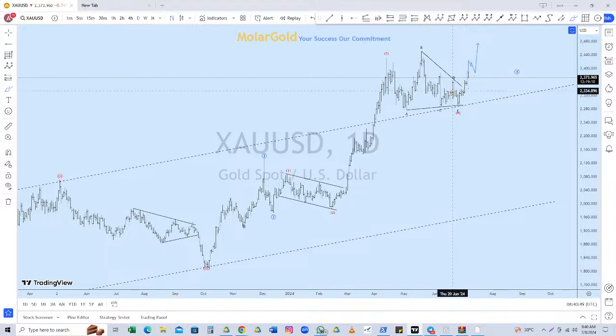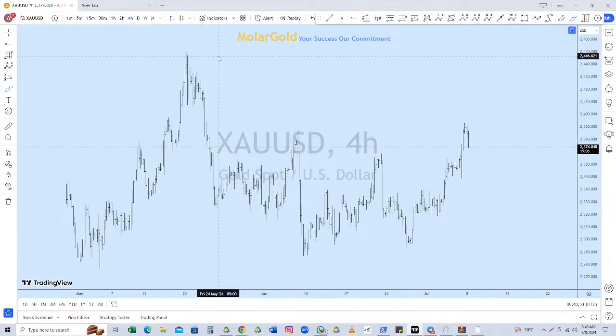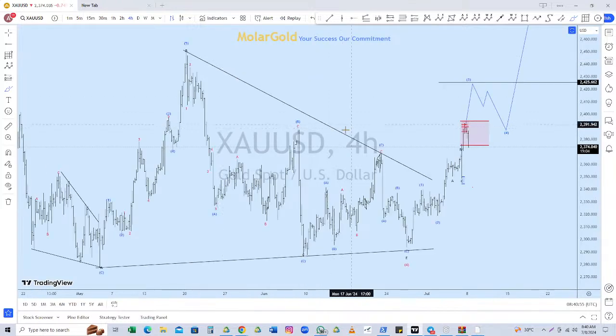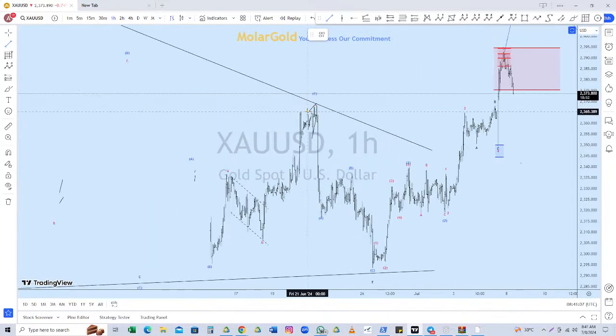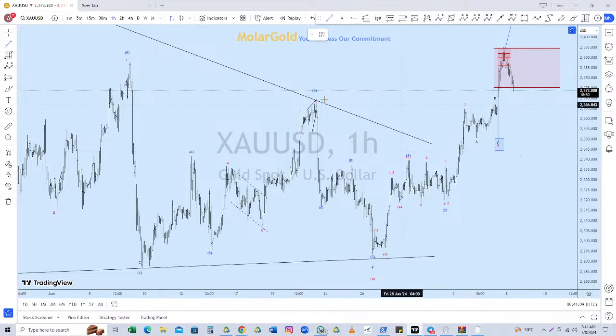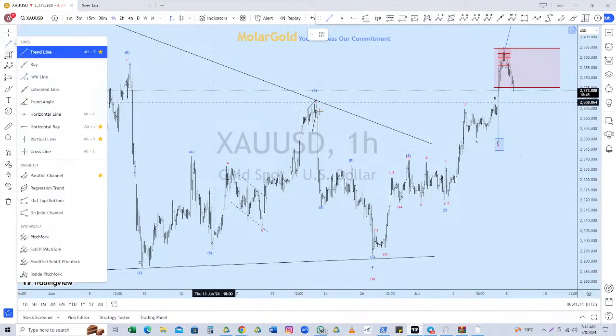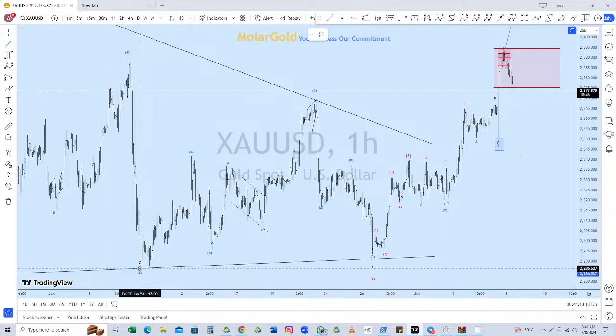If that is not the case, we're going to the other side. We said that this can then be a move like this, which I think is on the 1 hour. Did I remove it? I guess I have removed it. Let me put it back shortly.